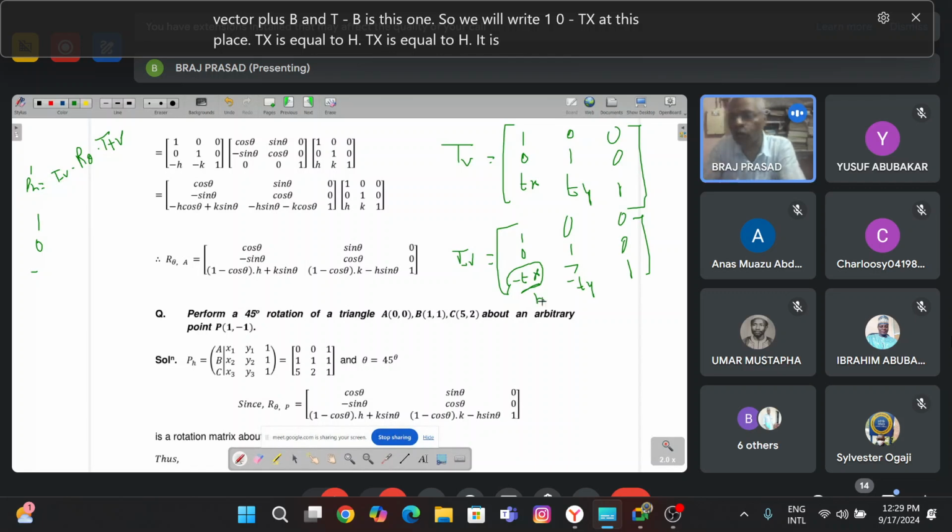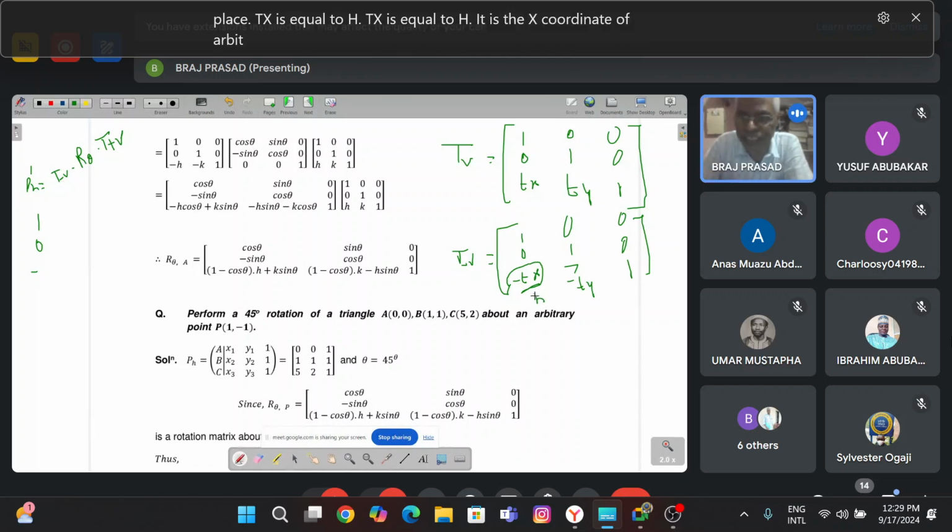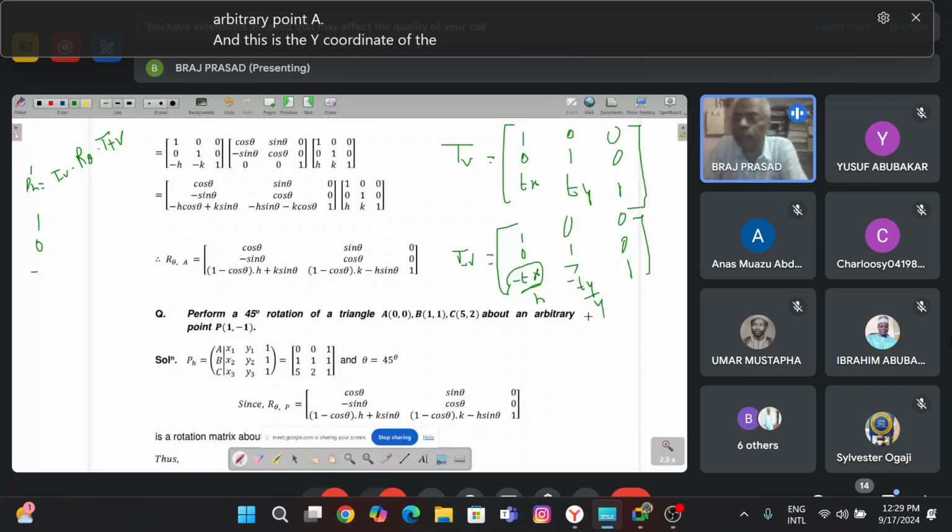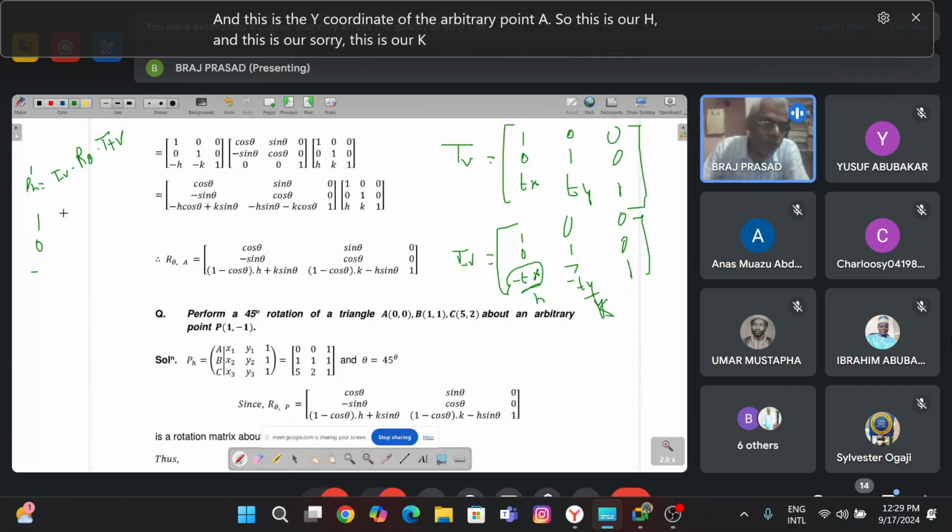It is the x coordinate of the arbitrary point A, and this is the y coordinate of the arbitrary point A. So this is our h, and sorry, this is our k. So we put h at this place, minus tx, so it becomes minus h, 0 1, and this ty is nothing but k, so in negative, minus k, then 0 0 1.